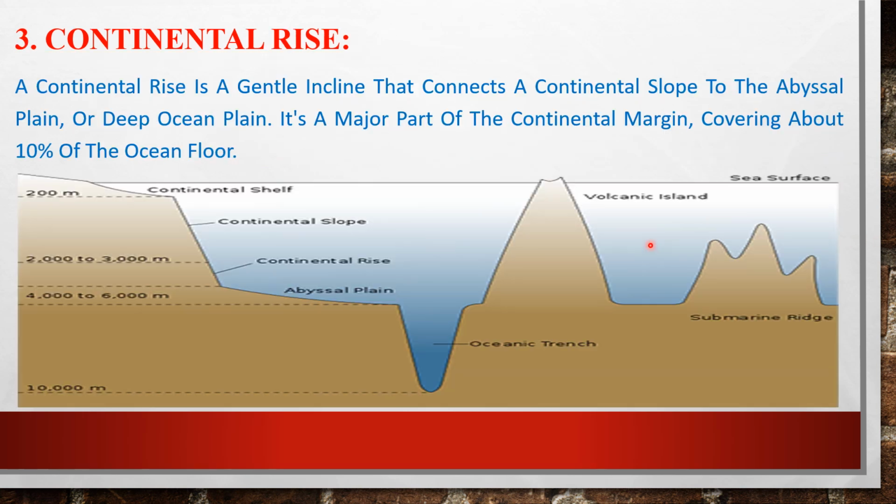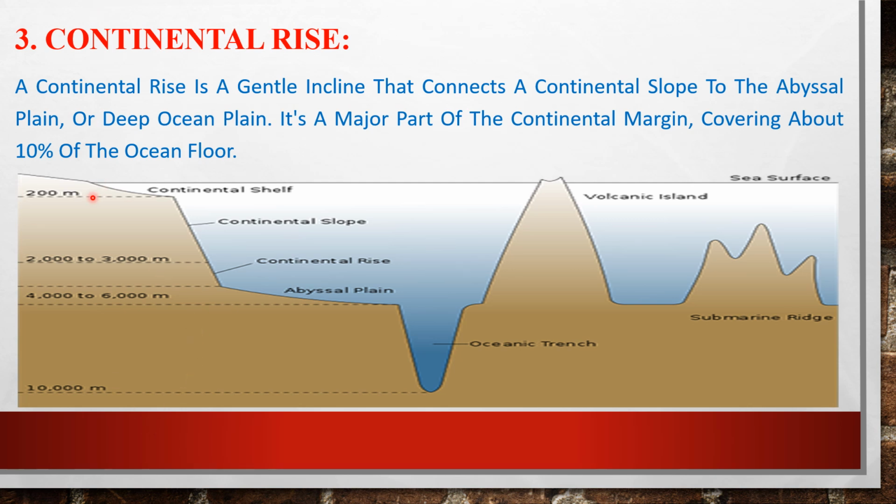Next, continental rise. A continental rise is a gentle incline that connects a continental slope to the abyssal plain or deep ocean plain. It is a major part of the continental margin, covering about 10% of the ocean floor.